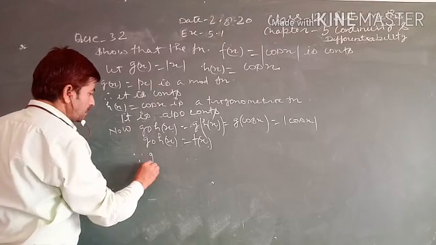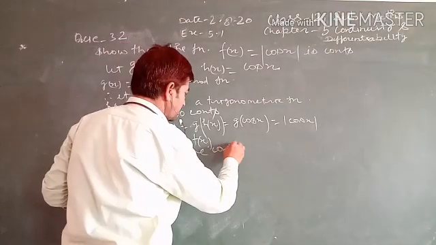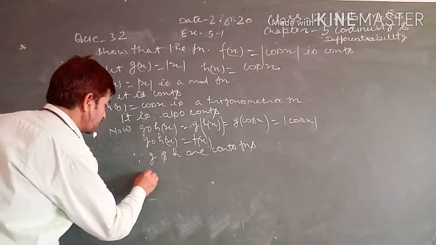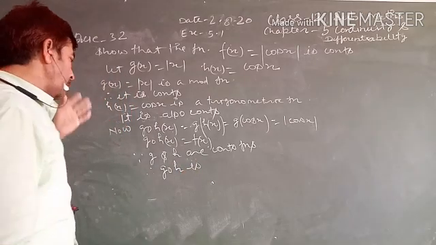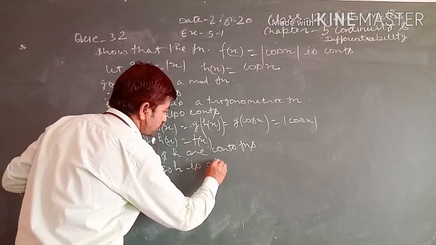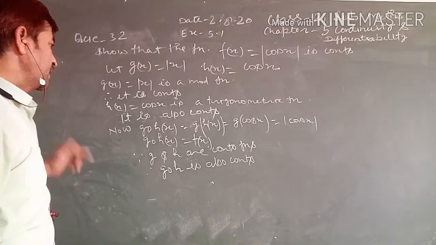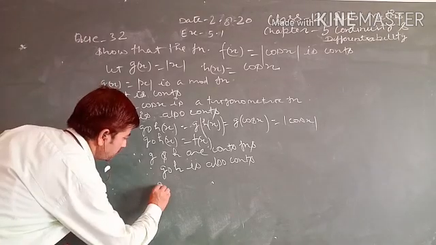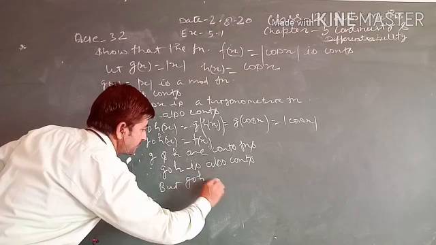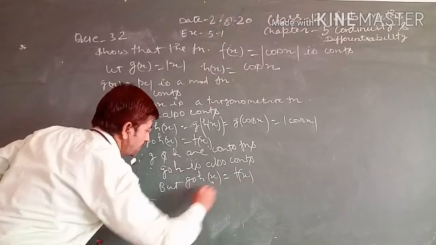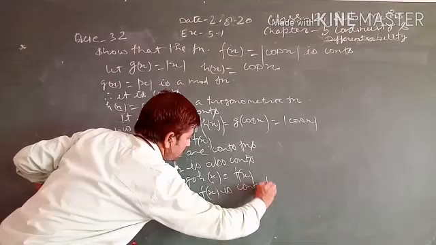Since g and h are continuous functions, therefore their composition is also continuous. g circle h is equal to f(x), therefore f(x) is a continuous function.